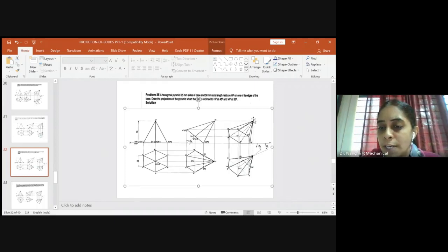B dash to O dash also will be visible because these are the projection lines which are coming from the outer surface. Okay. Similarly, we have the projections which are coming through inside the surface. So these projections will be hidden. So you will join E dash to O dash as hidden line, F dash to O dash as hidden line. So this is over.